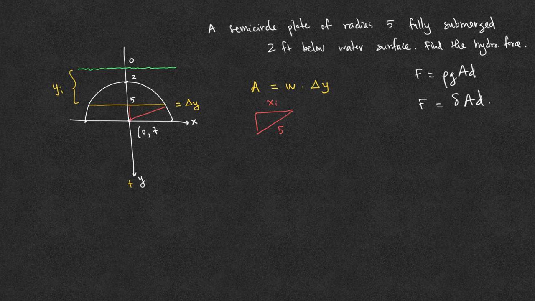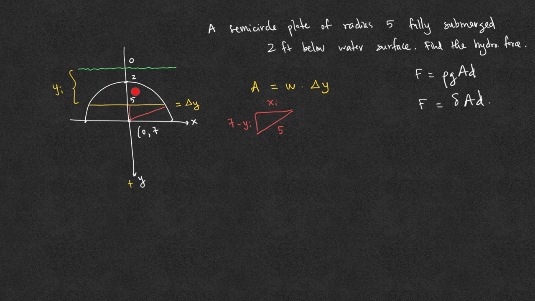The vertical leg has a length of 7 minus y sub i, because from the origin y equals 0 to the slice, that is y sub i already. When we get to the center of the circle, y equals 7. So to find the vertical length, we would take the larger y value, which is y equals 7, minus the smaller, which is y sub i.